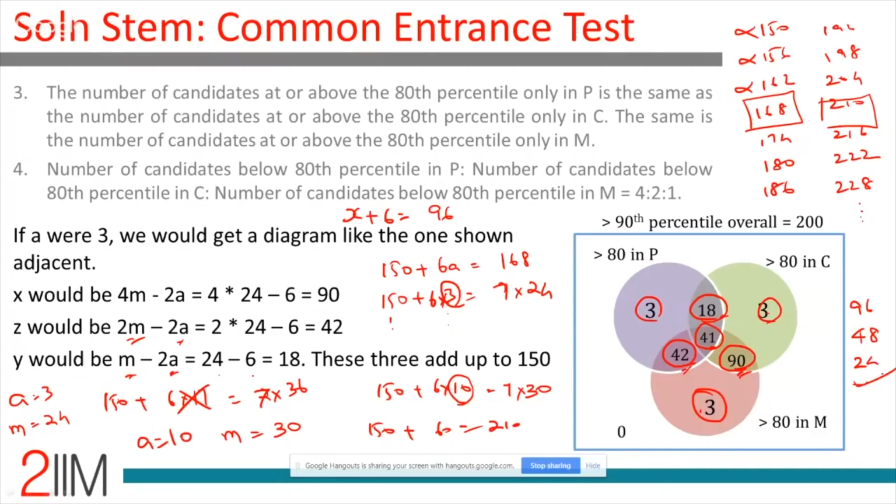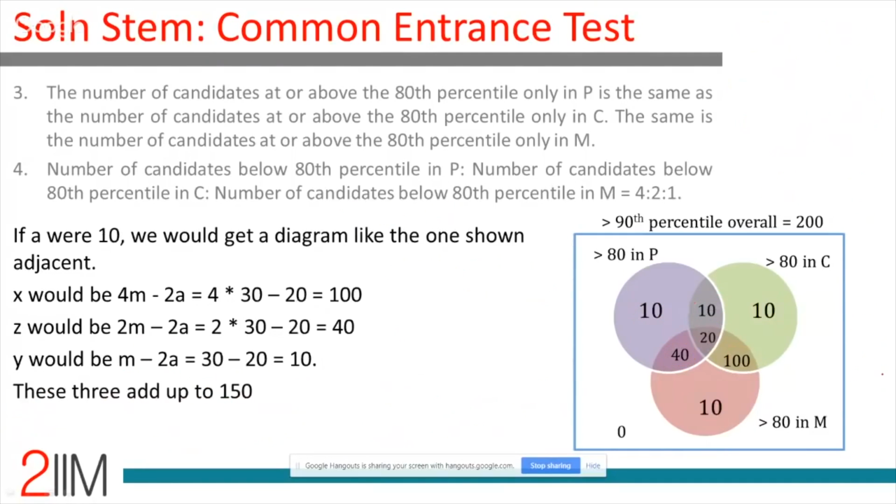Got this completely done. The other possibility is that A could be 10. So this is 10, this is 10, this is 10, 30 gone, this should be 20. That works fine. After that, we know that x plus 2a is 4m, m is 30, x plus 20 is 120, so x is 100.